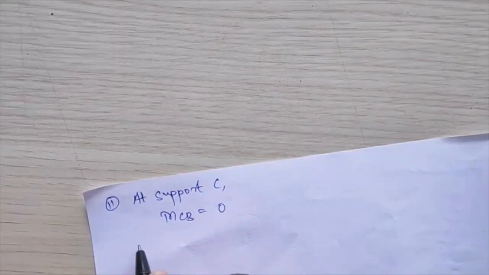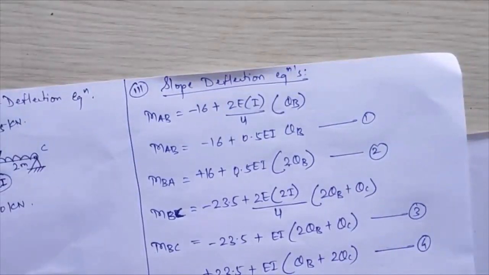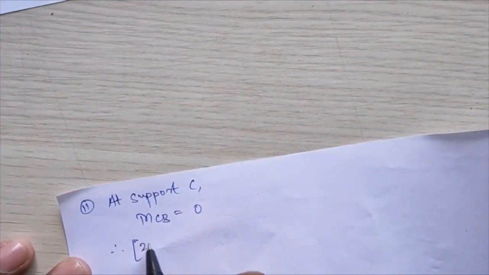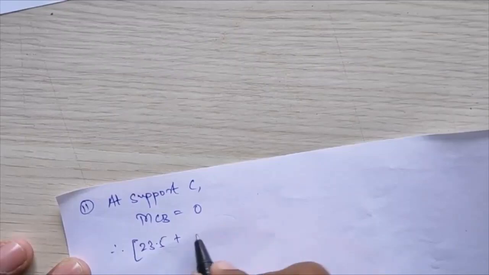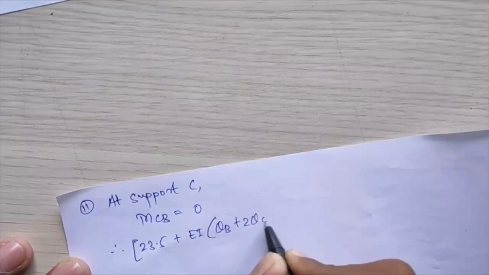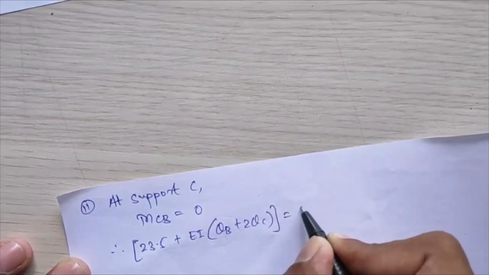So we'll substitute the equation of MCB over here, that is equation number 4, which I have got. So I'll substitute that: 23.5 plus EI into theta b plus 2 times theta c is equal to 0.